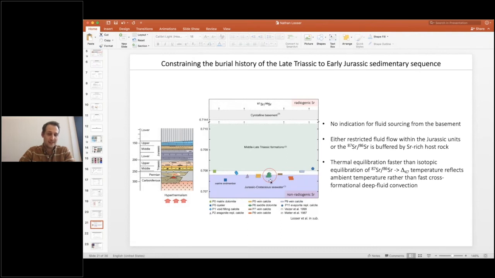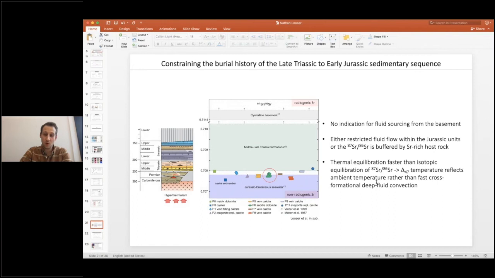So saddle dolomites, the phase that formed during this hyperthermal phase, have completely the signature of the Jurassic-Cretaceous seawater. That means that we have no indication for fluid sourcing from the basement. That can be because either the fluid flow was restricted in the Jurassic units, or the 87/86 strontium ratio is just buffered by the limestones that contain much more strontium than the crystalline basement.